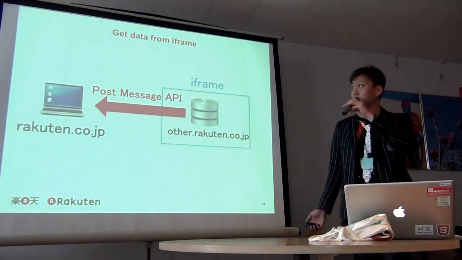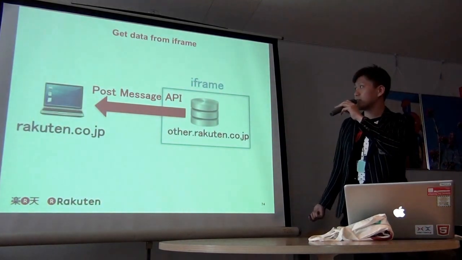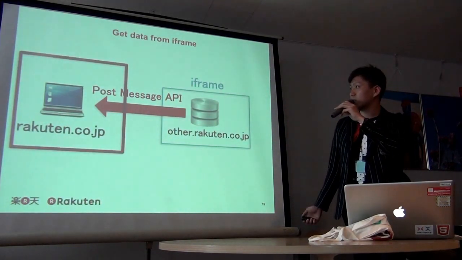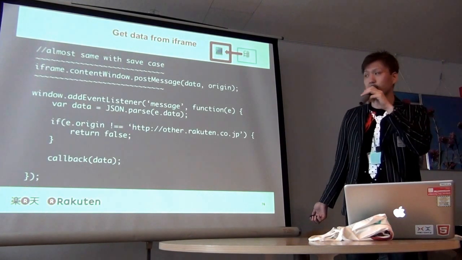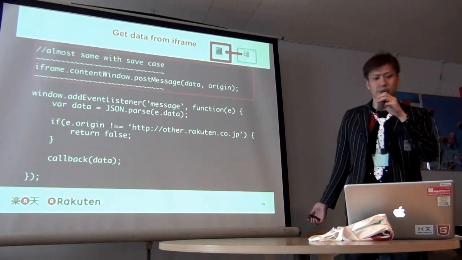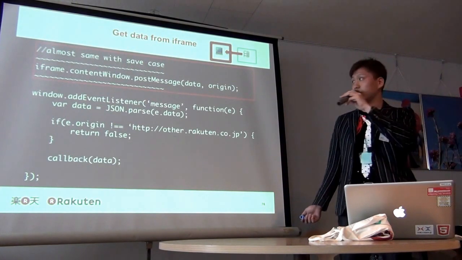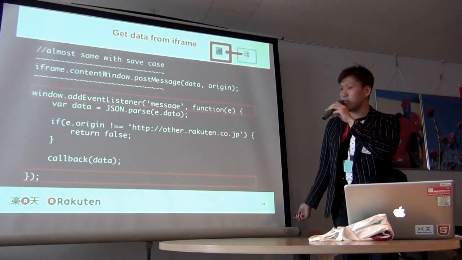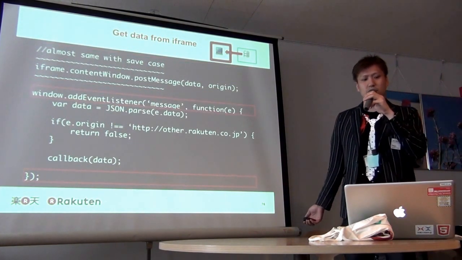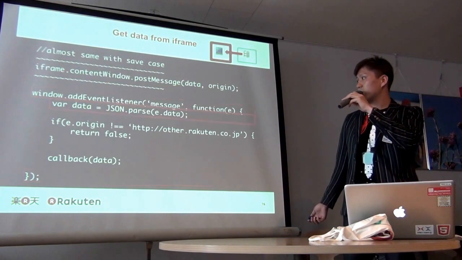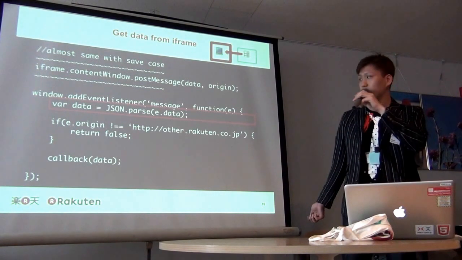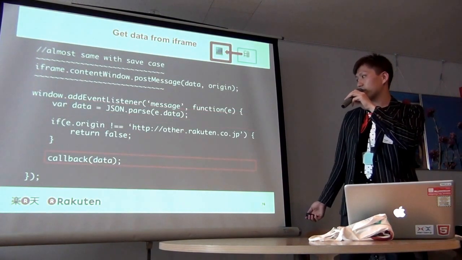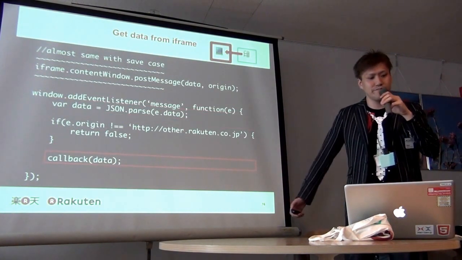And next, the case of getting data from the iframe. The part that sends the postMessage is almost the same as the save data case. In addition to it, we need to set a message event on the window object, get data from the event object, and check the origin and callback function.